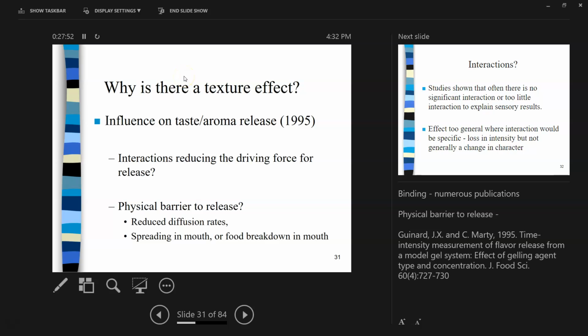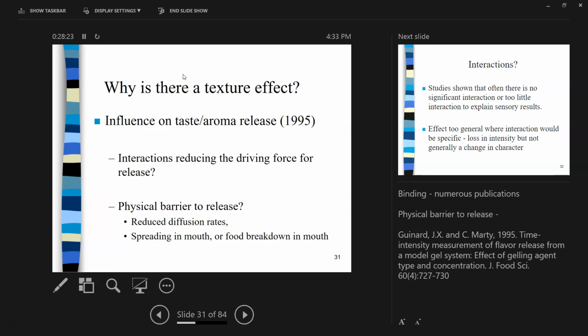Is there a texture effect? If something is more viscous, is it perceived differently? If there's no change in volatile release, is it also a perceptual thing? People spent a good deal of time on this back in 1995. And it's really interesting that people hypothesized that if something is more viscous, it doesn't spread in the mouth.